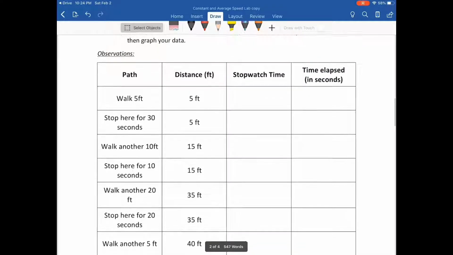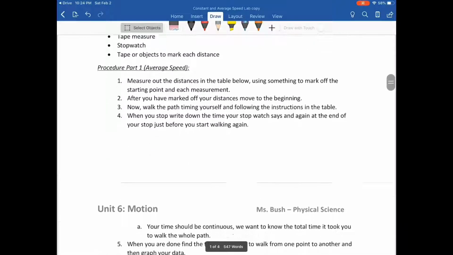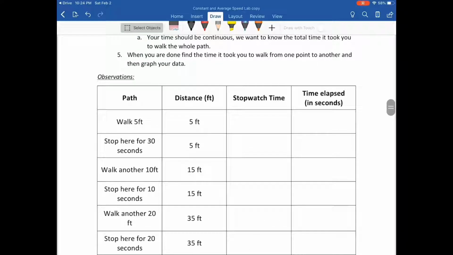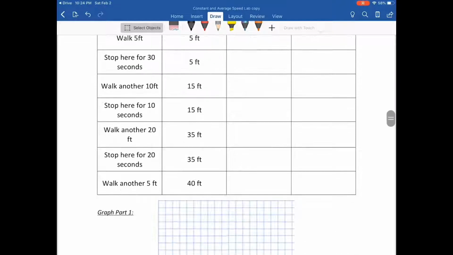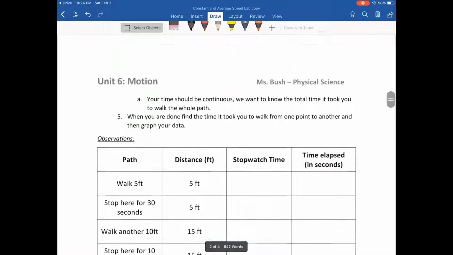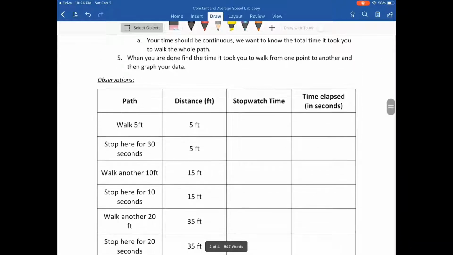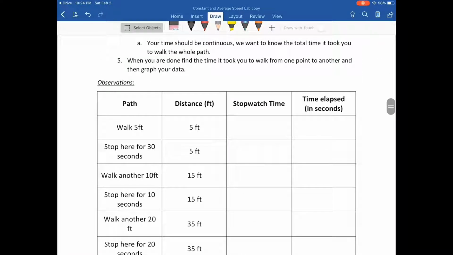You will need to measure off 5 feet, putting something for your starting point and then a marker at 5 feet, and then measure off another 10 feet with another marker, 20 feet with another marker, and then 5 with another marker. You need to know these individual distances because I want you to tell me the time it takes you to walk each of those distances.